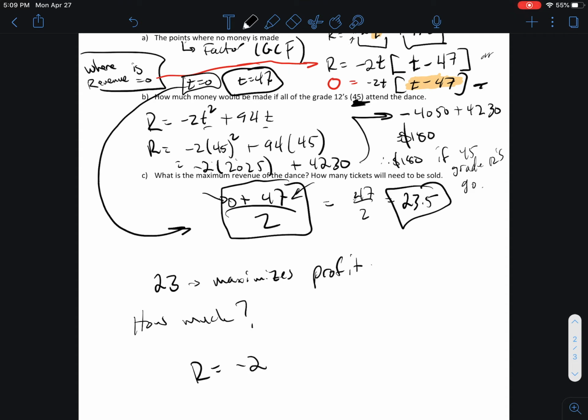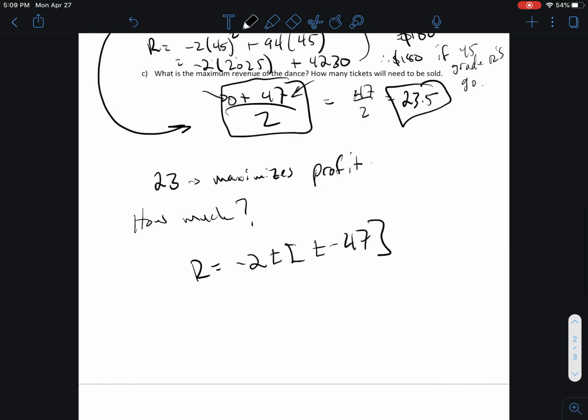Well, let's find out. We could take the revenue, and we can use the second equation this time. You could use either of them either time. Negative 2 multiplied by t multiplied by t minus 47. You plug in the value of t that you want, and it'll spit out a revenue. So negative 2 multiplied by 23 multiplied by 23 minus 47.